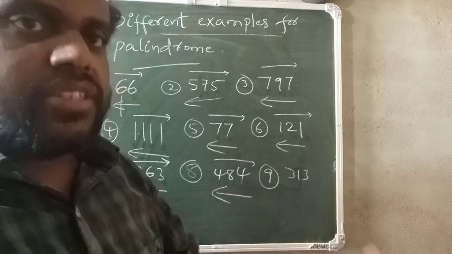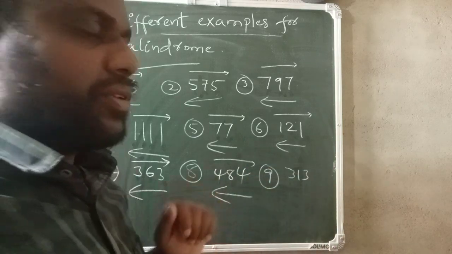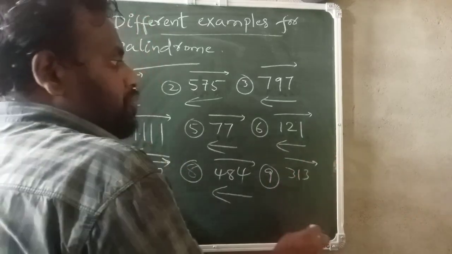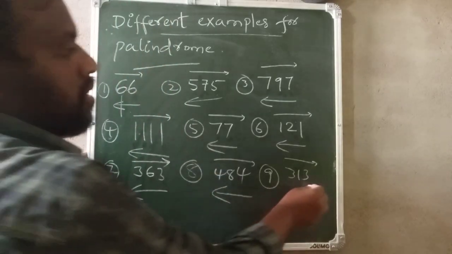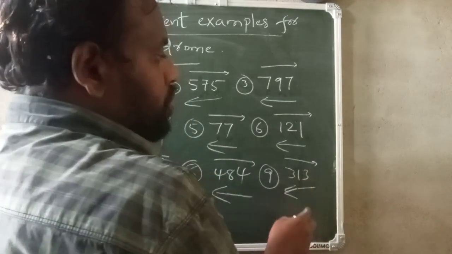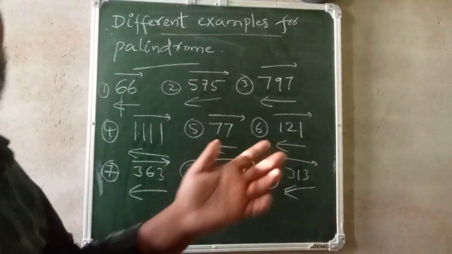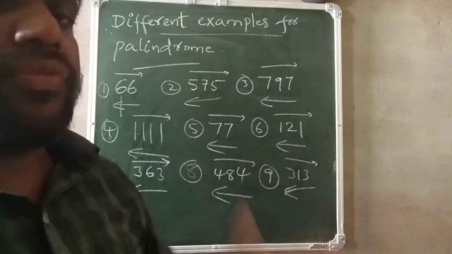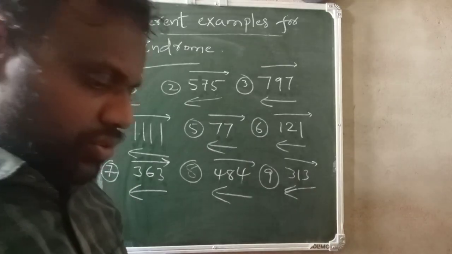You have to read the digits, not the entire number. Remember, digits you have to read. In this direction, it is 313. In this direction also, if you read the digits, it is 313. So in both directions, the tone or voice is the same. So that is a palindrome.